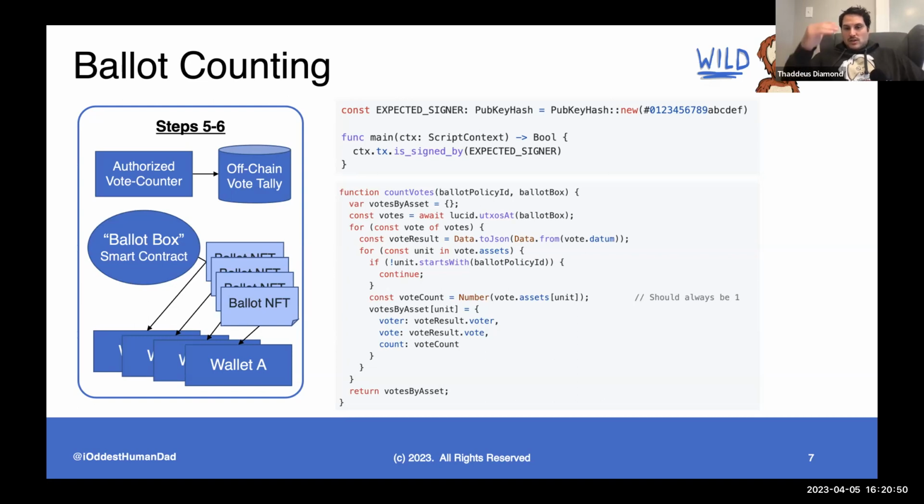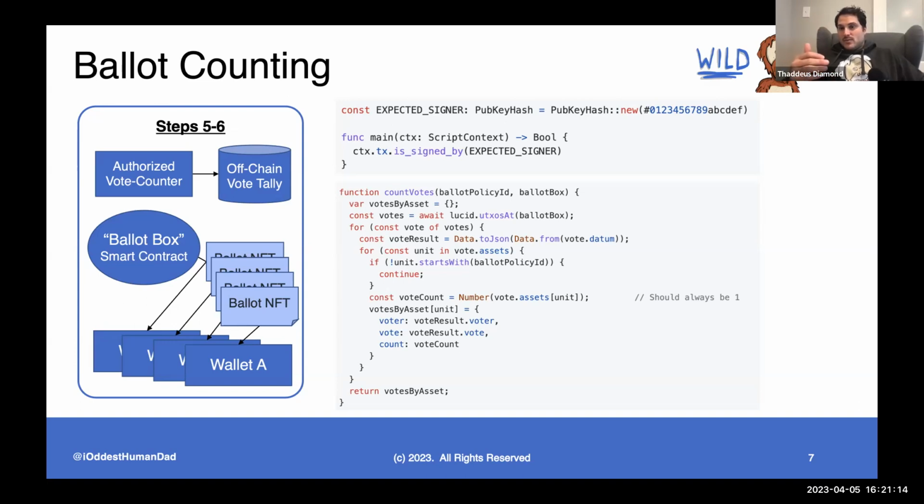So what I've shown you here in the pseudocode down below is a little bit of JavaScript. It's off chain and it actually uses Lucid, which I know is a wonderful library I use, put out by Spacebuds. What it does is it essentially scrapes the UTXOs at the ballot box. It goes through every single vote it finds, where each UTXO will represent someone's vote that they've sent in.